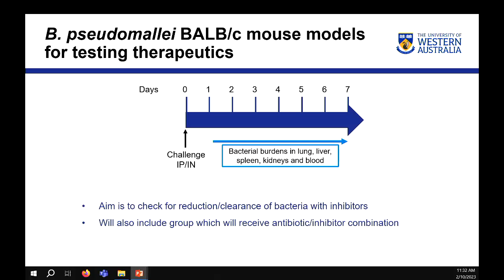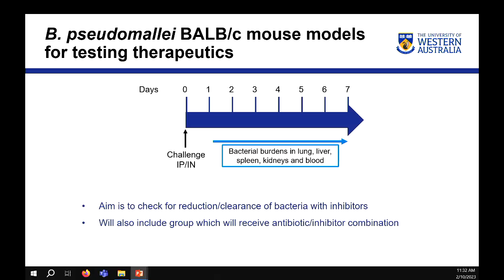What we found when we did the actual experiment was that removing blood from animals was quite tricky, and also the data wasn't great, because it all depended on how much blood you can take out, and quite often when it goes in IP, you don't see much bacteremia in the blood, whereas in the lungs, livers, and spleens, and to a degree in the kidneys, you see quite a lot of Burke in there.